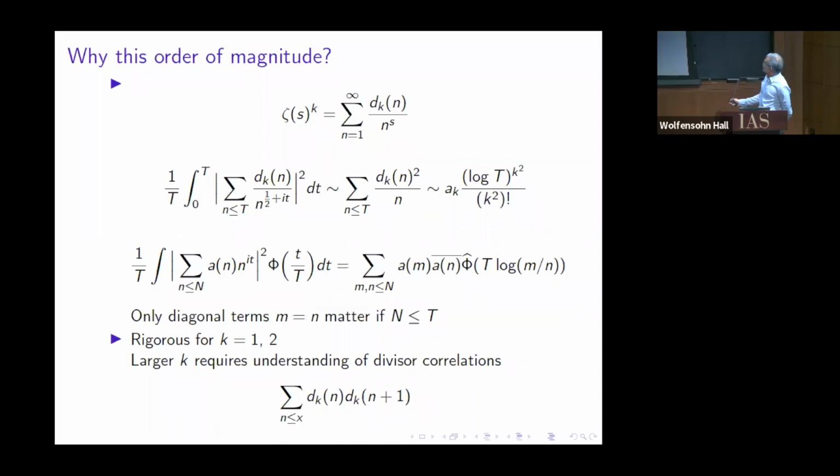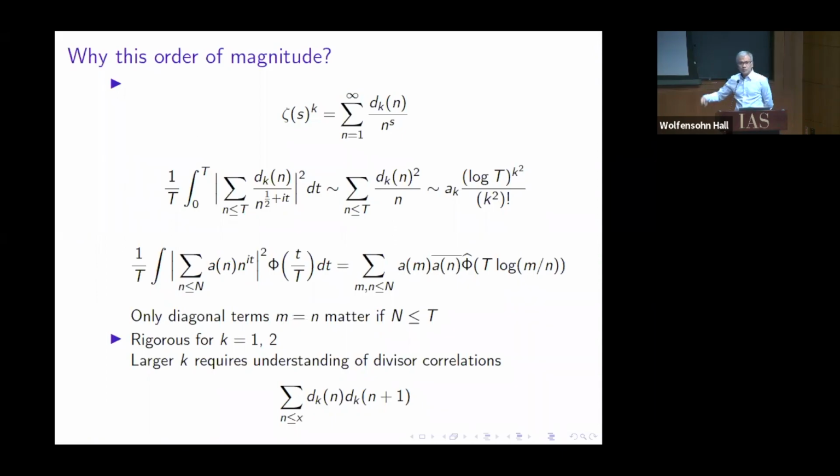And then I can try to compute the L2 norm of some partial sum. So here, the main technique we are using is that if you have a short Dirichlet polynomial, you can compute its L2 norm. You just expand it out. So you have a_m, a_n, and then you have (m over n) to the it. So you get the Fourier transform of this function phi. And the Fourier transform will decrease rapidly.